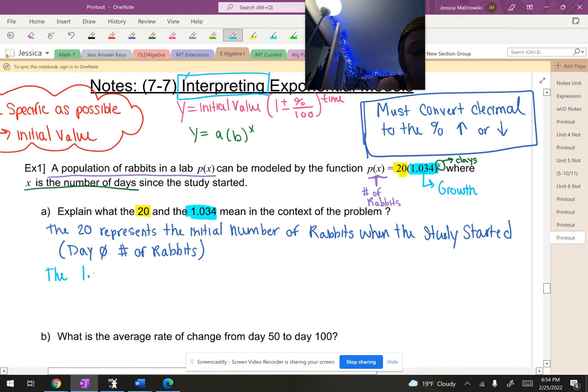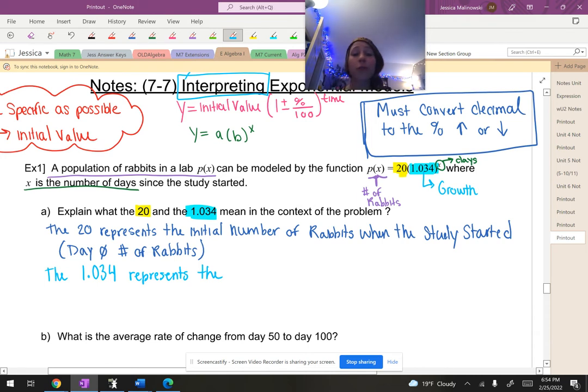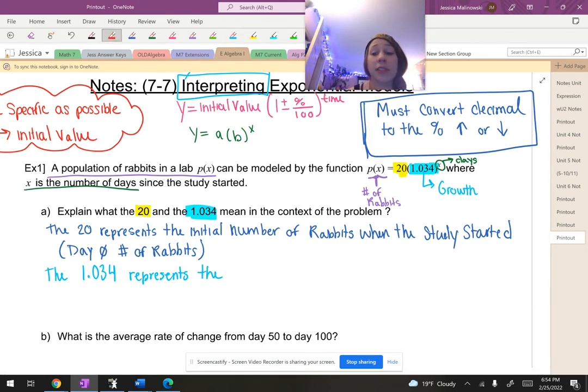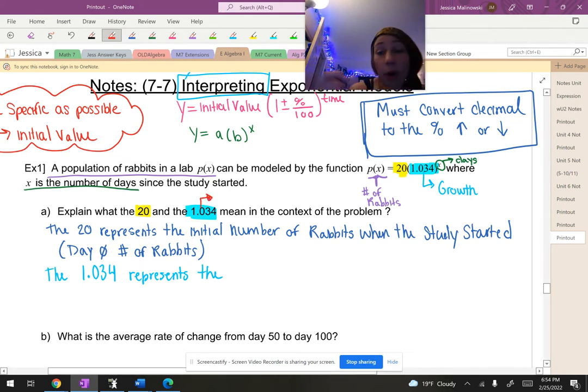The 1.034 represents the, and so from that, we need to pull a percentage out of that, because that by itself is not just the percentage. So first off, taking that decimal, multiplying it by 100 to get the percentage of 103.4%.